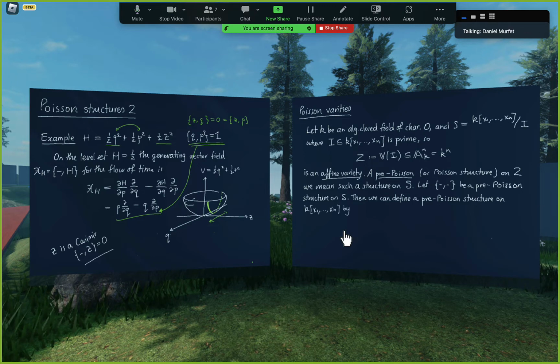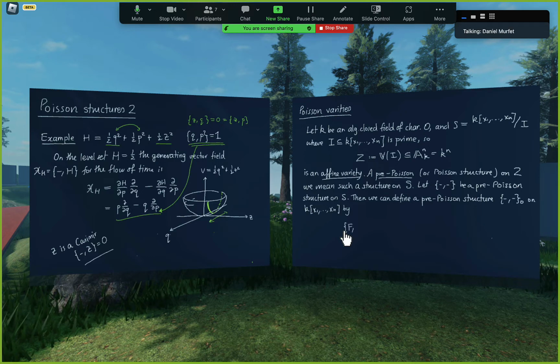I'll send a pair of polynomials, f, g, so I'm going to call this structure curly bracket 0.